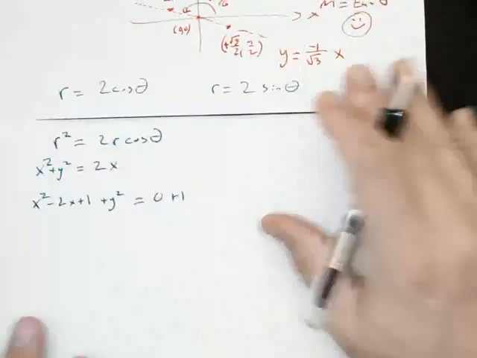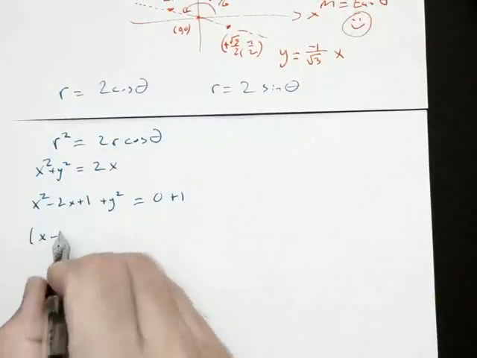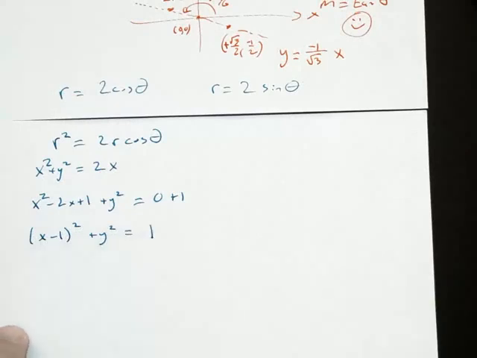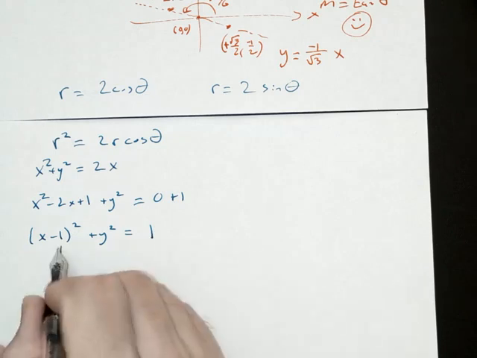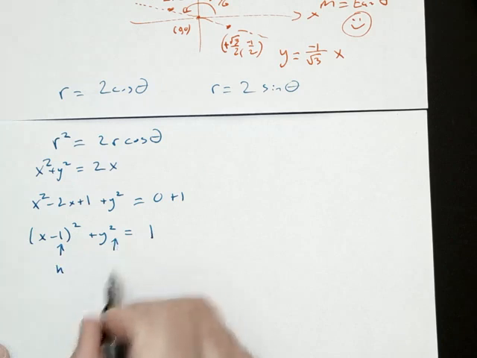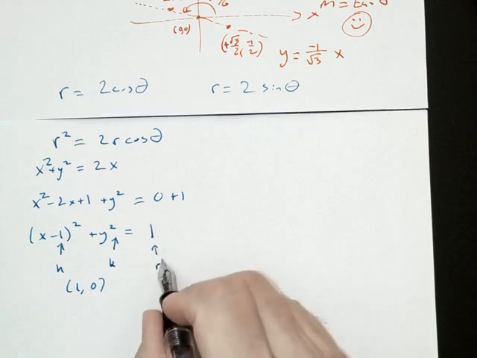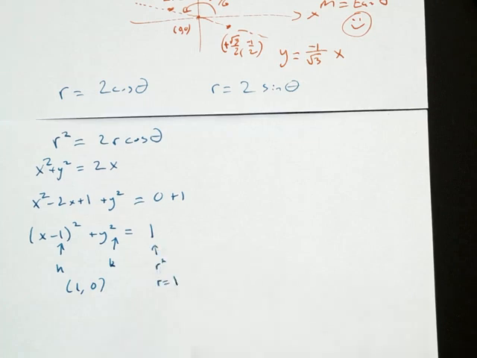And now on the left, I have x minus 1 squared plus y squared equals 1. Hey, look, the center of my circle is at 1, 0, and the radius is the square root of the other side.